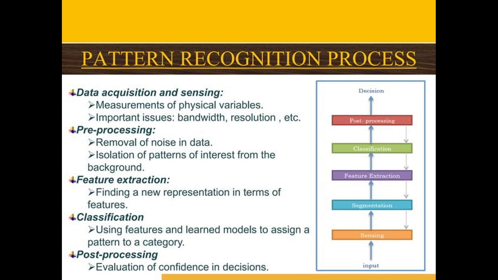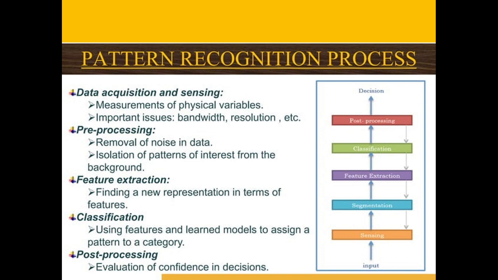And what is the problem with this? The bandwidth, resolution, etc. The second step is pre-processing. After acquiring data, we have to pre-process it, that is removal of noise and isolation of the pattern from its background. After isolating the patterns, we have to find the best features. So the third step is feature extraction: finding a new representation in terms of features.